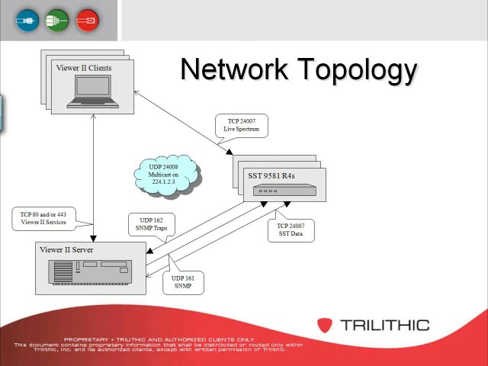It's the center point for both your head-end units and your client software that would be in your NOC centers and so on. If you look at the very top left, it says the Viewer 2 clients. That's what would be in the NOC center, and whether it's your supervisors, your maintenance crew, whomever has access to the internet would be able to connect to the Viewer 2 server.